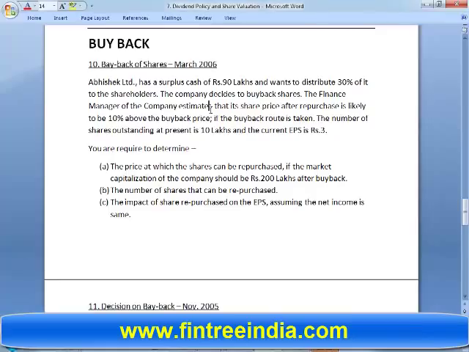The company decides to buy back shares. The finance manager of the company estimates that the share price after repurchase is likely to be 10% above the buyback if the buyback route is taken. The number of shares outstanding at present are 10 lakhs and current EPS is 3. Determine the price at which shares can be repurchased if the market capitalization of the company should be 200 lakhs after the buyback.